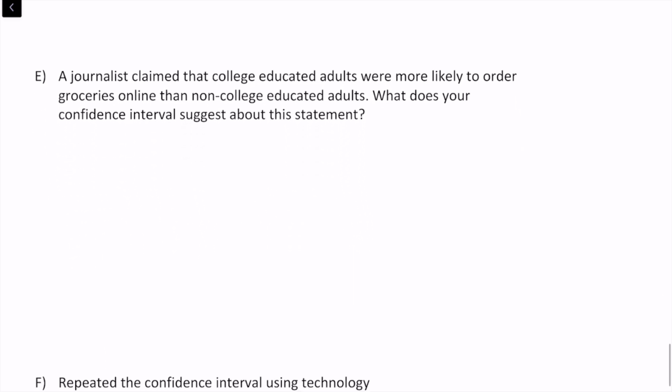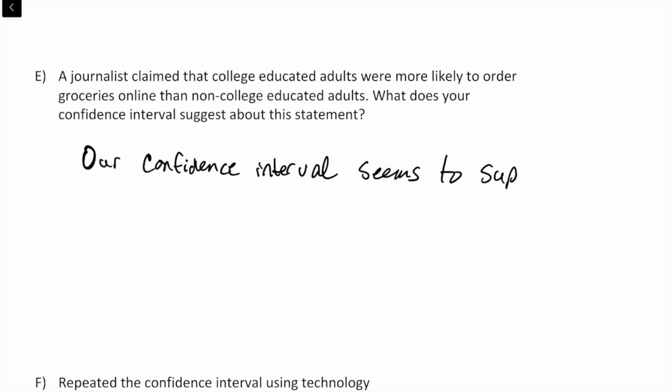Our confidence interval seems to support this claim, right? We seem to agree with the journalists because, once again, all of our values in our confidence interval are positive.